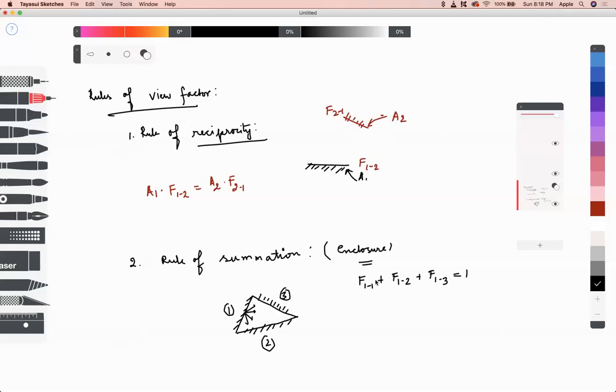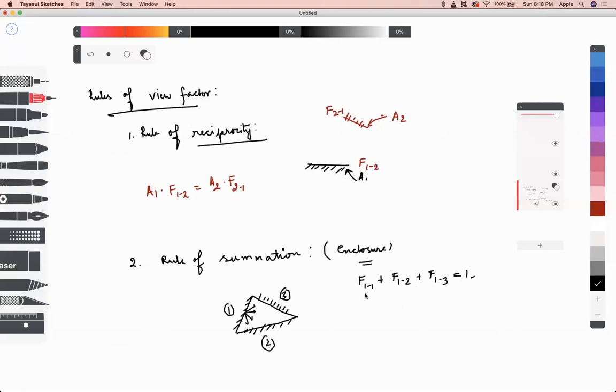All the radiation that is leaving surface 1 will either strike surface 1 or 2 or 3. And if I take the summation of all of them, that will comprise the total radiation. Since view factor is nothing but a fraction, the summation of all the fractions should lead to a value of 1.